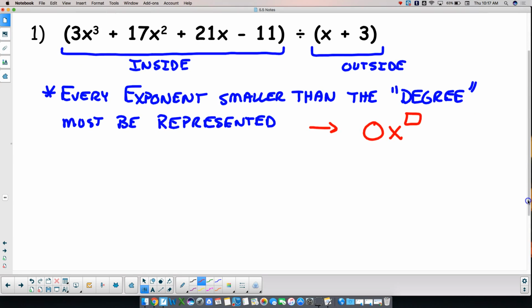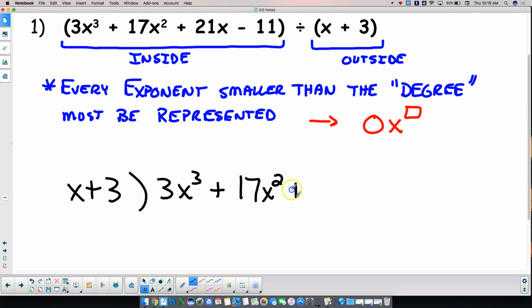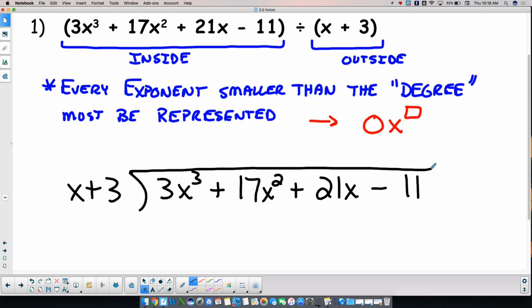Let's do this. On the outside, we've got x plus 3. On the inside, we've got 3x cubed plus 17x squared plus 21x minus 11. Now, when we were doing numbers, we took that outside number and tried to see how many times it went into the inside number.